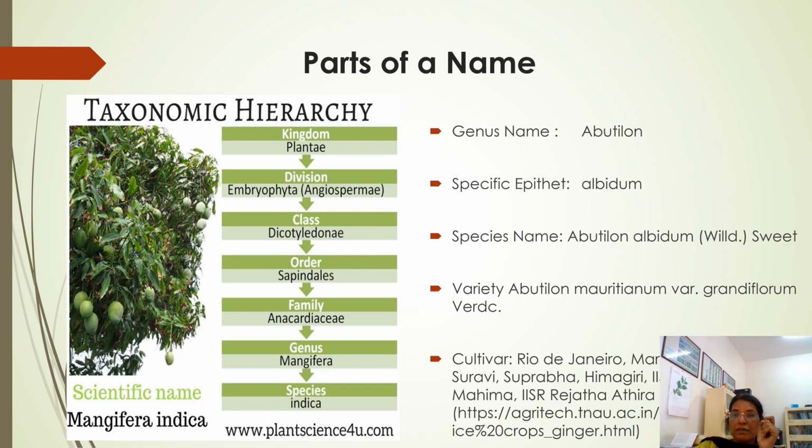Thus, a botanical species name becomes genus, specific epithet, along with the author citation. If there is a variety of the species, it is also mentioned. Usually a variety is a species with variations which develop naturally in nature, whereas a cultivar is developed by a breeder.